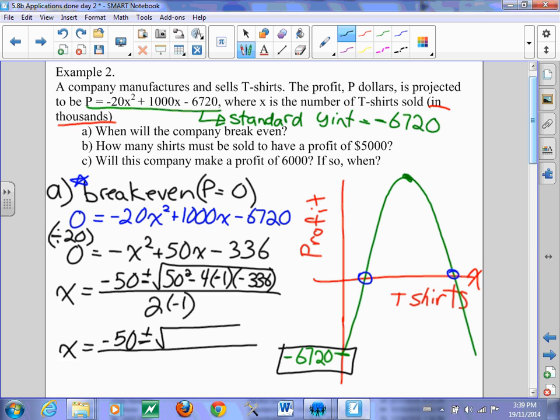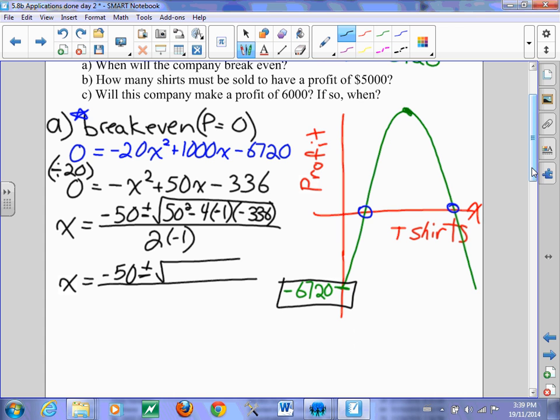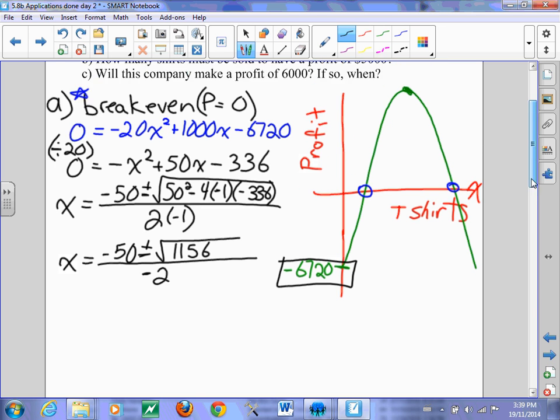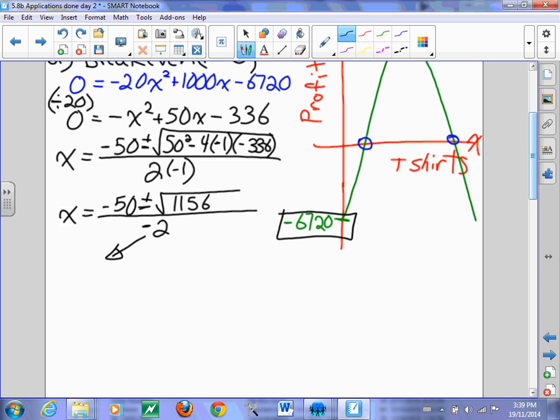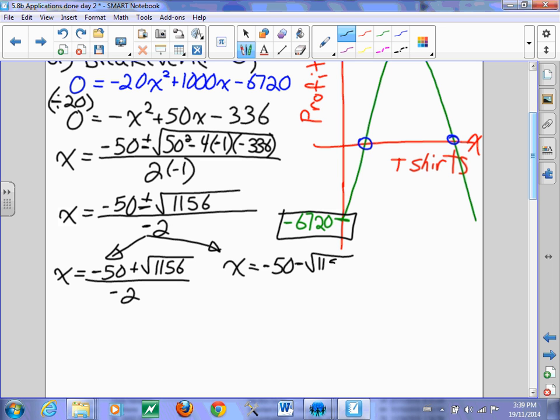When you simplify that, you should get the square root of 1156, all divided by negative 2. Break it into its parts. So you're going to have x equals negative 50 plus root 1156 divided by negative 2, or x equals negative 50 minus root 1156, all divided by negative 2.